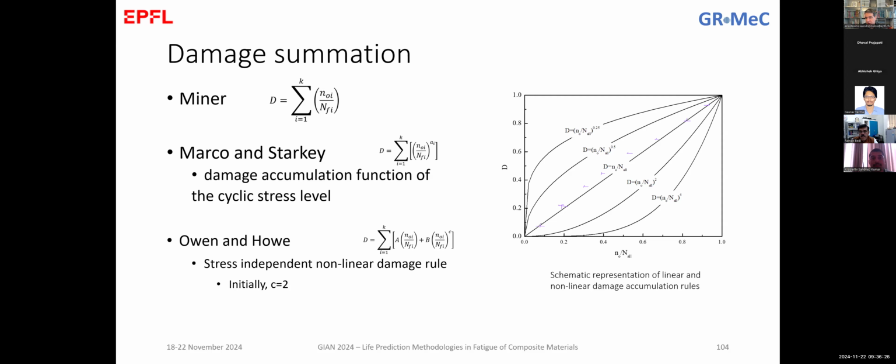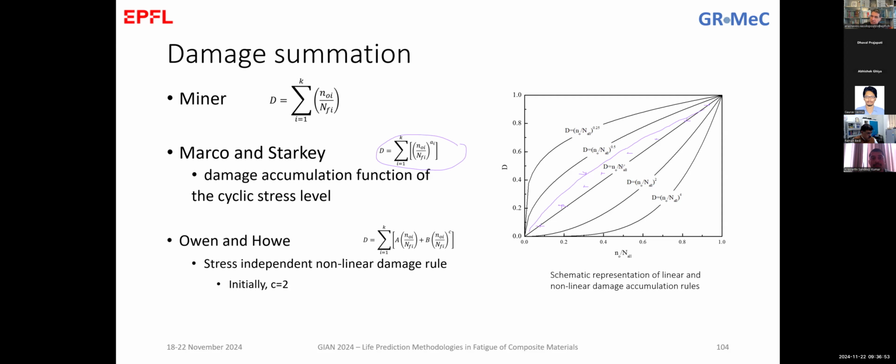Theoretically, you should consider a rule like this, which is more related to your data if you push this a bit lower, and this nonlinear rule is more of this type. But to define the parameters of this rule, you need to do additional testing. So for this experimental data, I would say that a linear damage rule is fair enough.